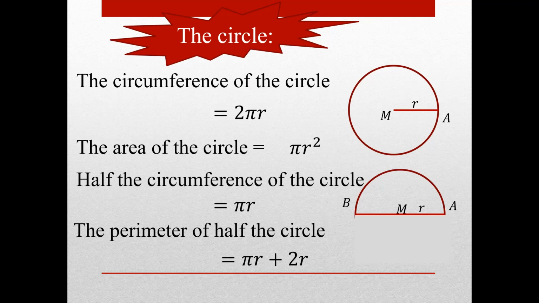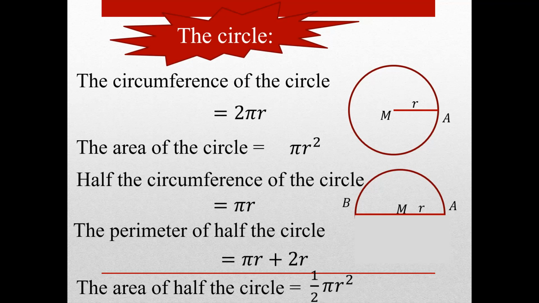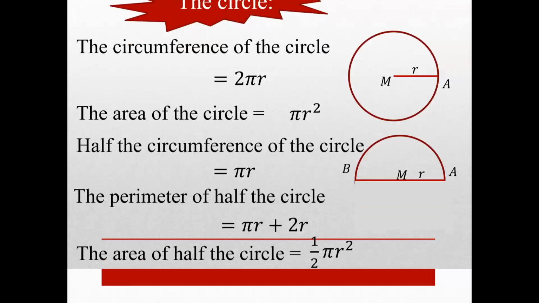Next, the perimeter of the half circle means the sum of the arc plus the diameter AB. As I said before, the circumference of the half circle equals pi r plus the diameter, or 2r. The area of the half circle will be pi r squared over 2, or half times pi r squared.